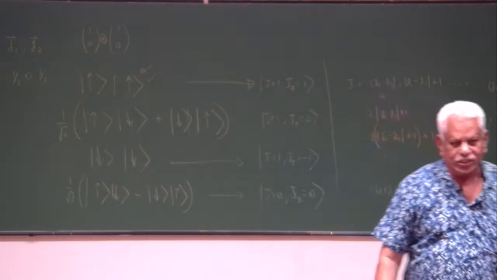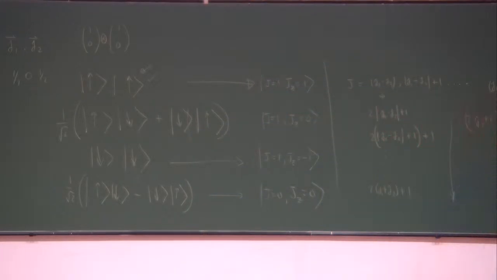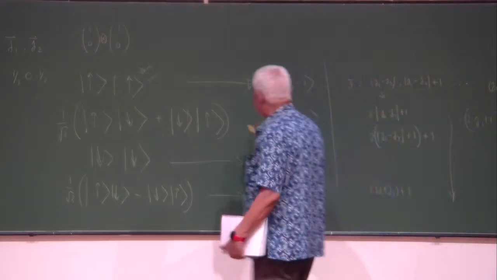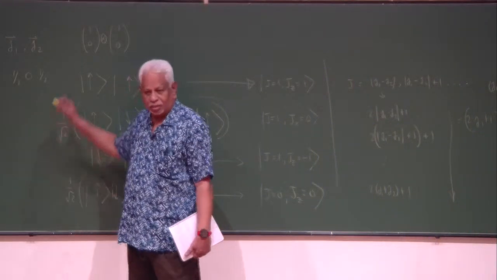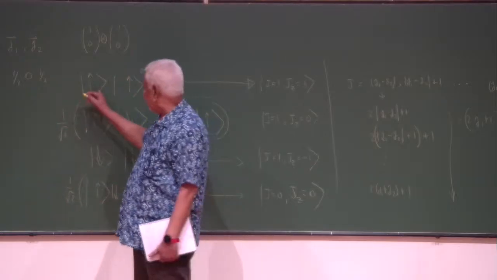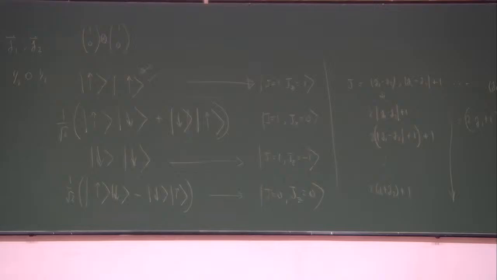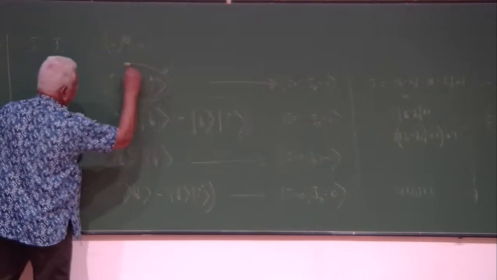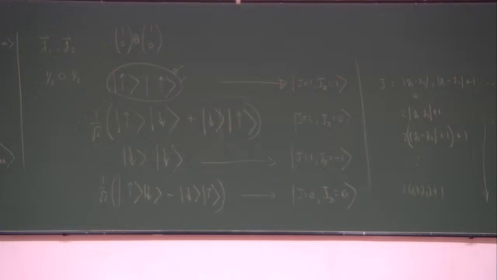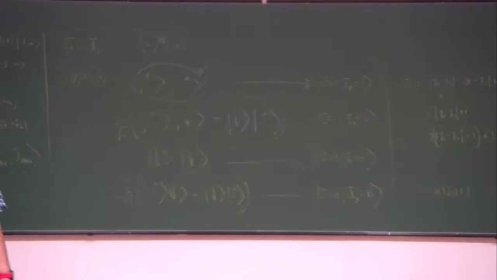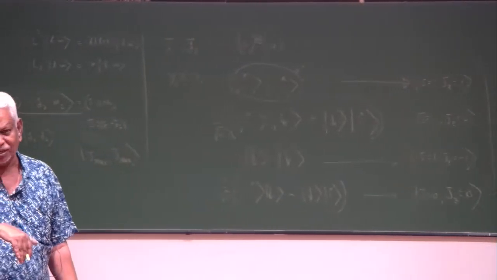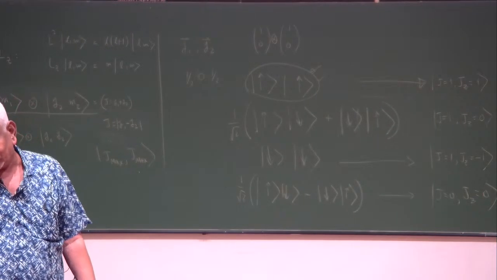Okay? Permutation symmetry. There is another way of getting this from here. Okay? How do I get this? To get from this to this, I take this state and I can act on this state by J minus of the first spin or J minus of the second spin.